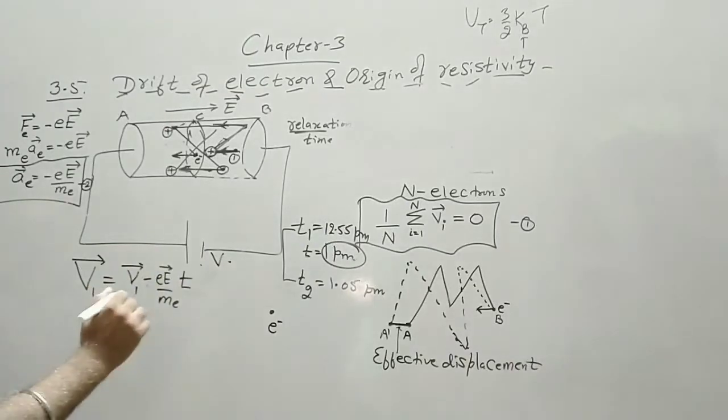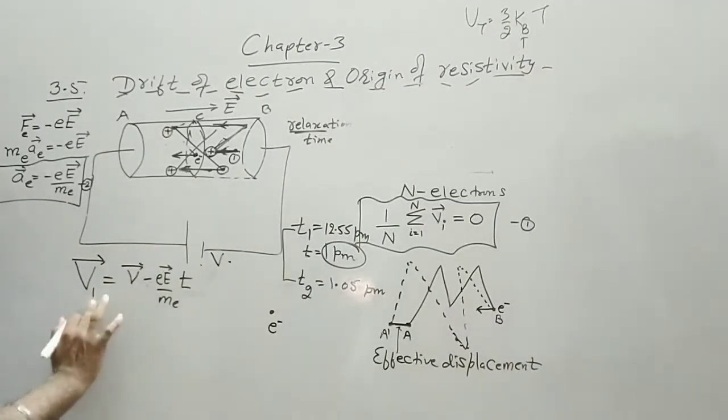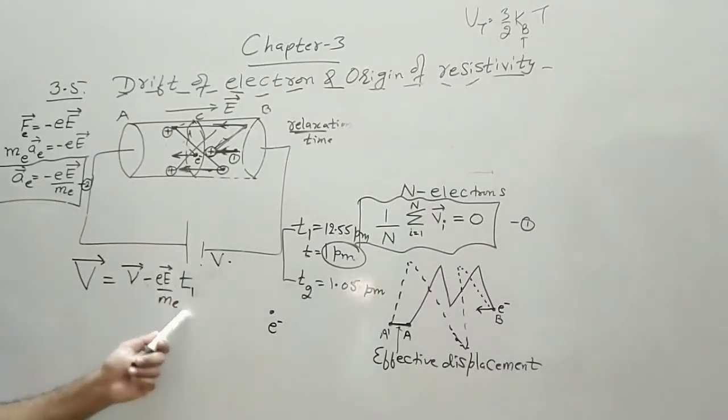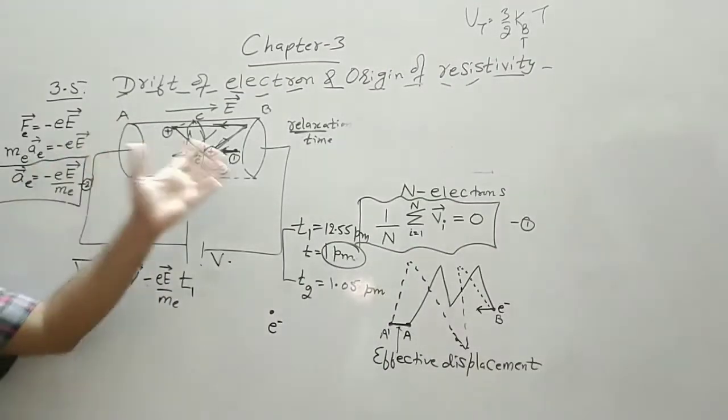Now we have to take the average over all the electrons. You have to remember that the relaxation time will be different for different electrons. It is not necessary that the relaxation time is the same. So this is the relaxation time of each electron.